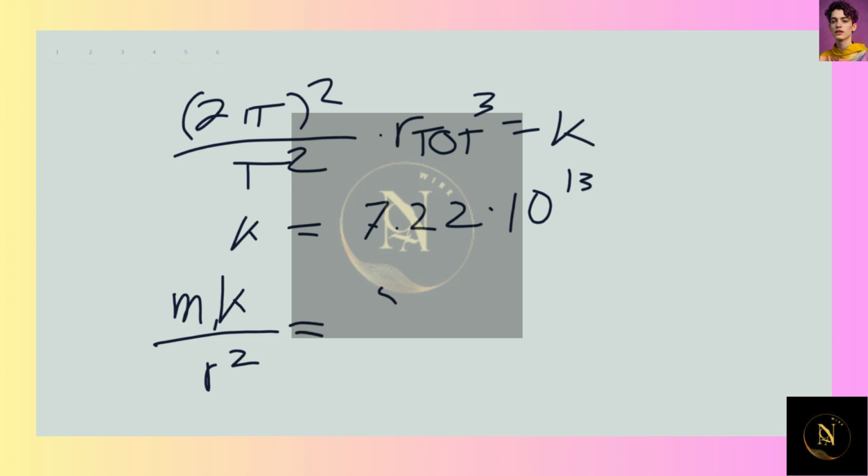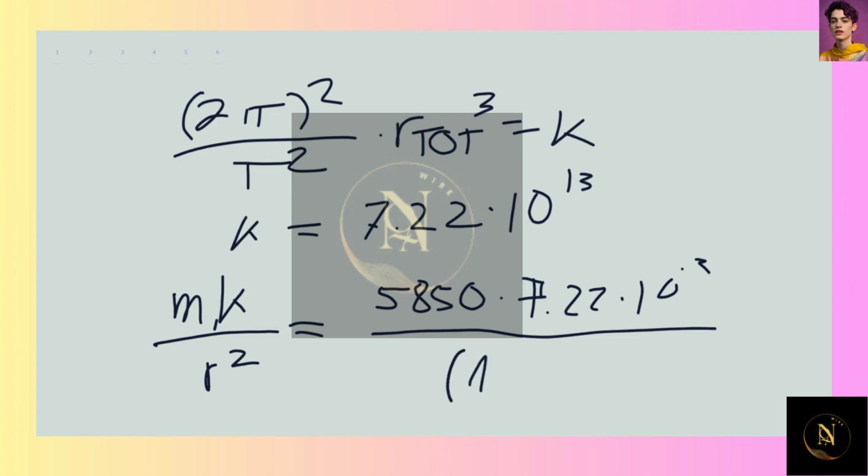We plug in all of our givens, 5,850 times 7.22 times 10 to the 13th, and divide that by our radius, 4.15 times 10 to the 6. Remember, we're using the radius just of our satellite now, and square that.